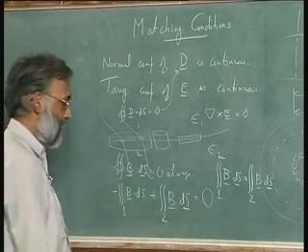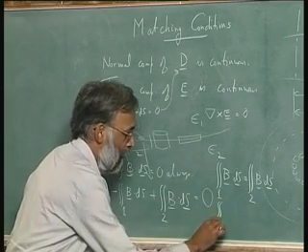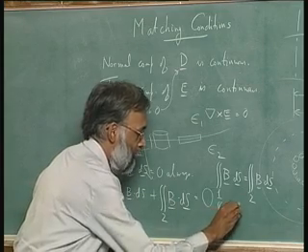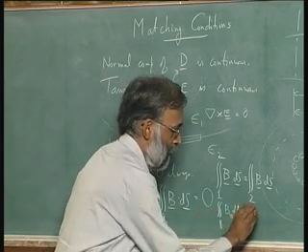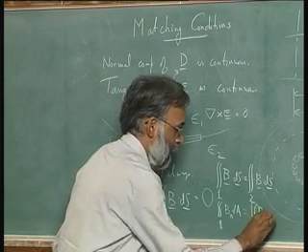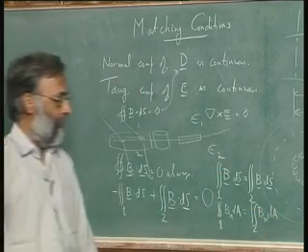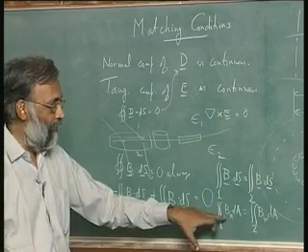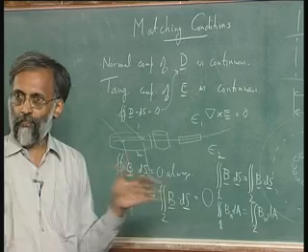But this can be written as integral over 1 B normal dA is equal to integral over 2 B normal dA. Areas are the same, and if it is a small enough cylinder, B is uniform over that surface.